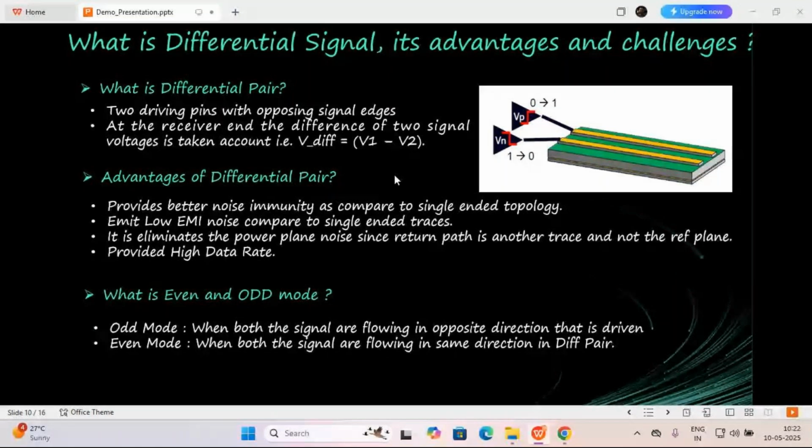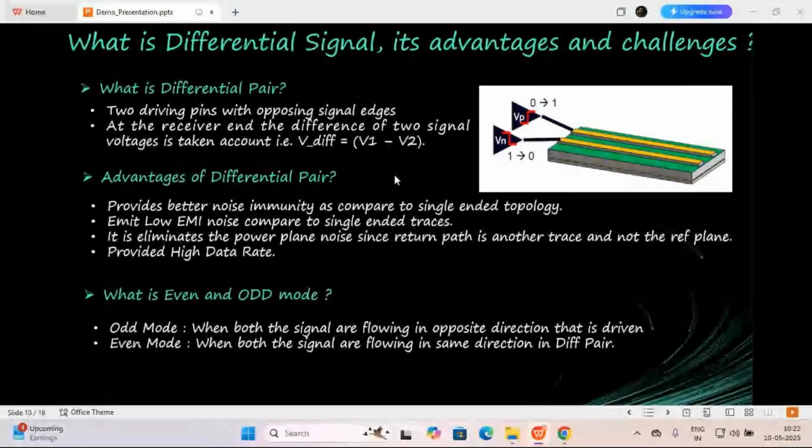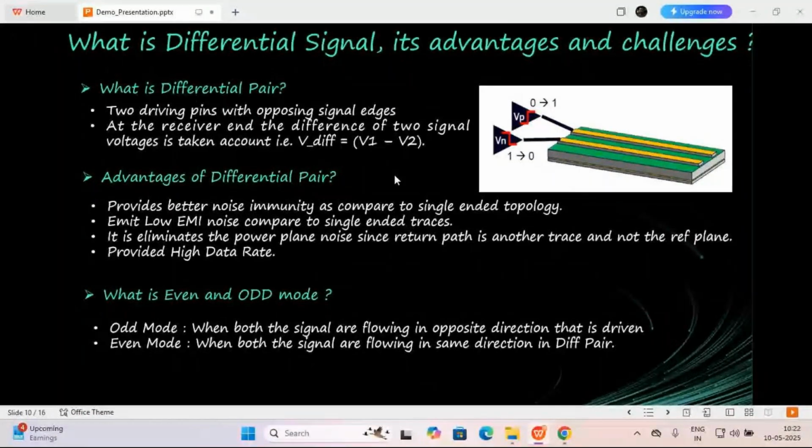Then in the case of single-ended traces, you use a single-ended via, but in the case of a differential pair, you give the clearance according to the differential impedance. You have to run a lot of iterations to check which via stack gives you the proper impedance. You should match the differential trace impedance.